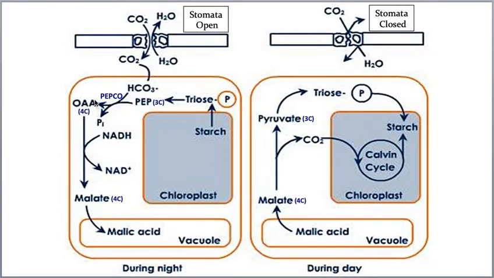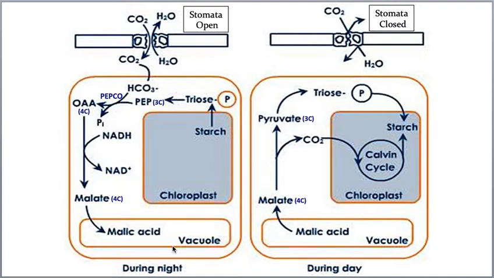Now this oxaloacetic acid, by using NADPH, converts into malate. See, this is malate, and this malate is also a 4 carbon compound. Now the malate which is formed enters into the vacuole. See, this is the vacuole. It enters into the vacuole and gets stored.